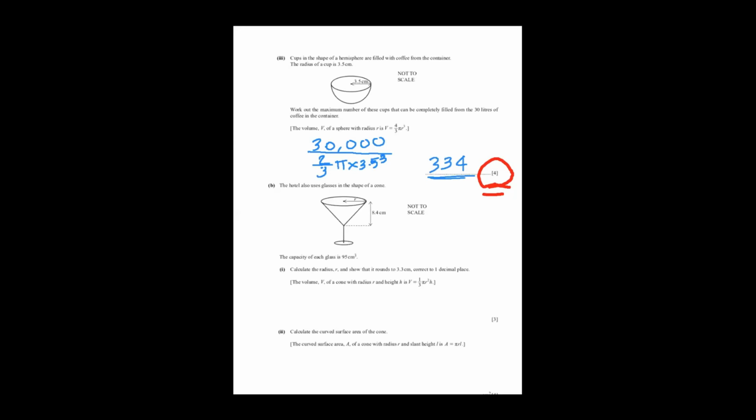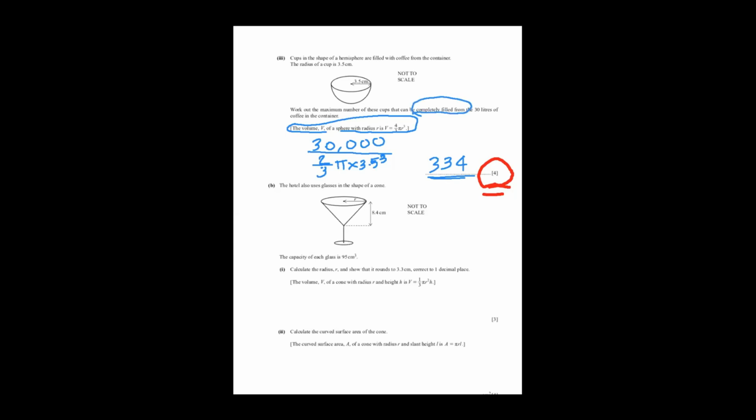It's a 4-mark question, because first of all we have to convert this 30 liter into centimeter cube, otherwise the answer will be wrong. For that they will be allotting 1 mark. Most of your seniors are making a mistake: they directly apply 4 by 3 pi r cube, but it is a hemisphere, so we have to take half of that volume, that is 2 upon 3 pi into 3.5 cube, and that gives us 334 cups.